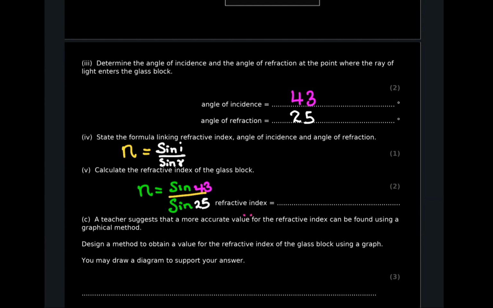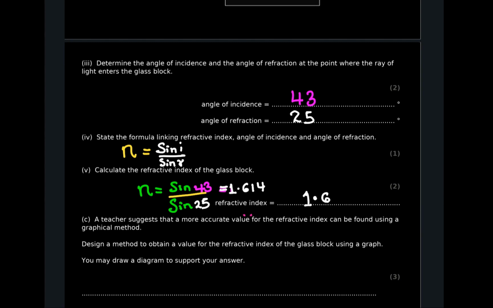Don't use other values. Use the values that you got from the protractor when you did the reading. If you use different values, you are going to lose marks here. So this reduces to, if we put this in a calculator, 1.614, which is approximately 1.6.